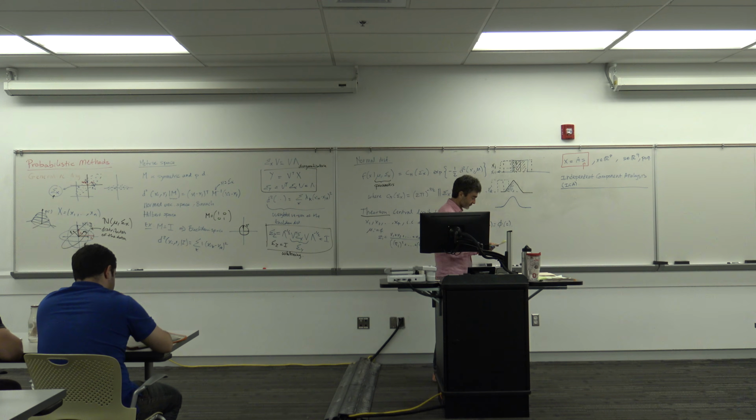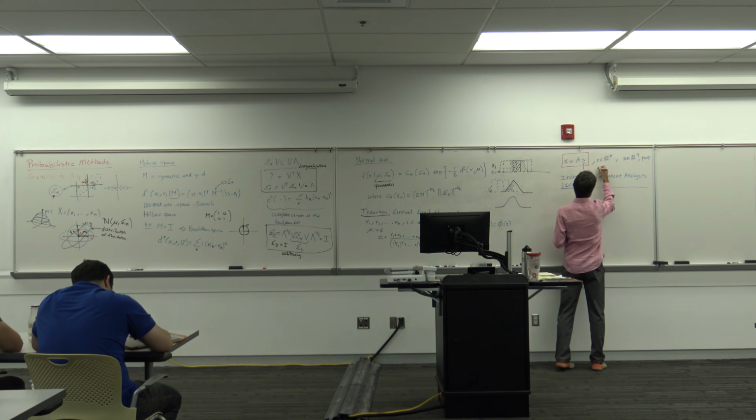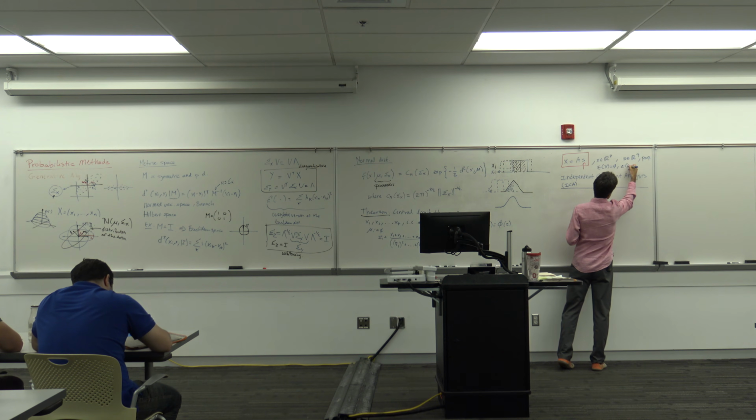I'm also going to assume generally that the expected value of the sources is 0, so they're mean-centered, or mean-normalized. And so generally, I'm going to assume that both expected values are 0.